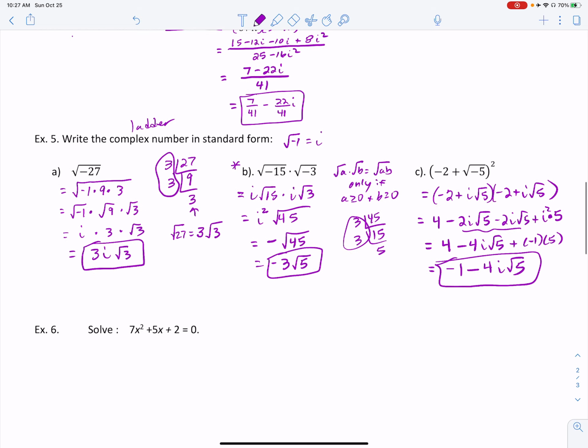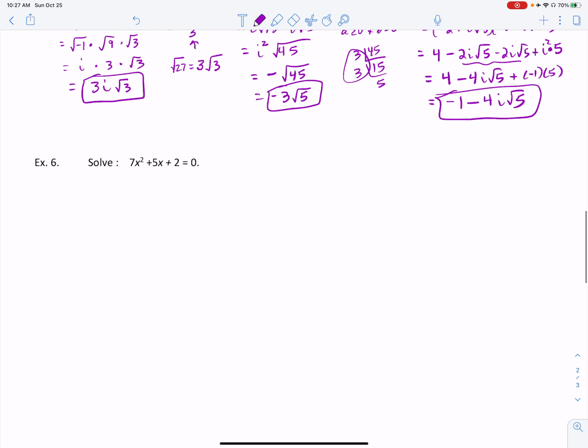And then in example 6, if you start trying to solve this and you try factoring, it's not going to work all that well. And perhaps you'll remember the discriminant is b squared minus 4ac.